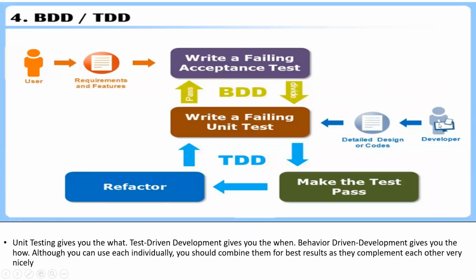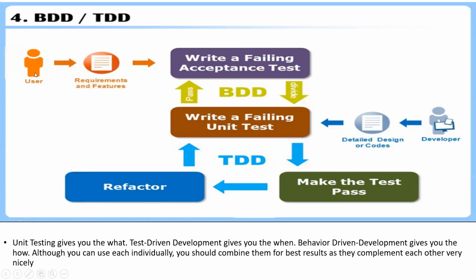He starts with detailed design or code, and he will write a failing test case first. Then he will make some changes to make it pass, and then he comes to this refactor. He will execute the first step again, the test case he has written, and then it will pass. This is test driven development.